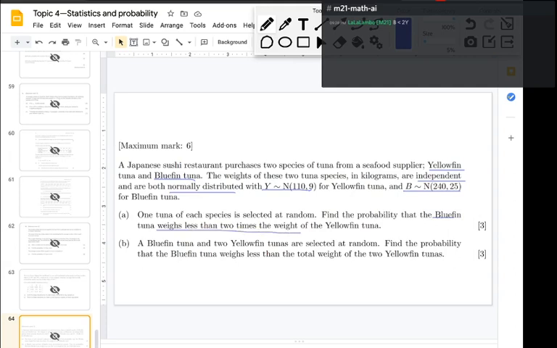To make it simpler, I would recommend moving everything to one side and the other side being 0. So the way I would do it would be b minus 2y is less than 0. So in this case, my x would be b minus 2y. Then you need to find the expected value.